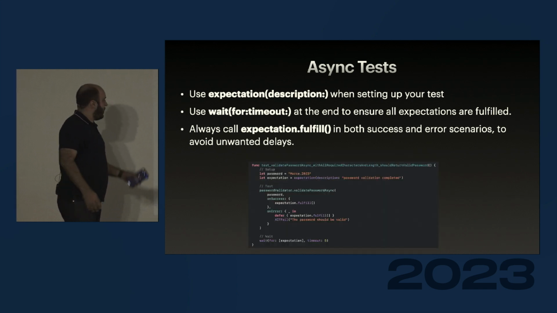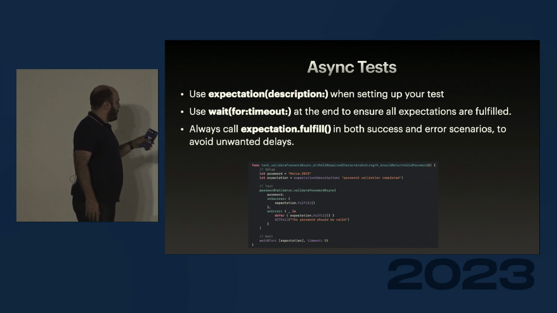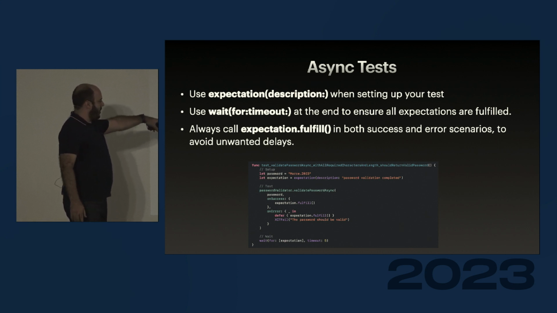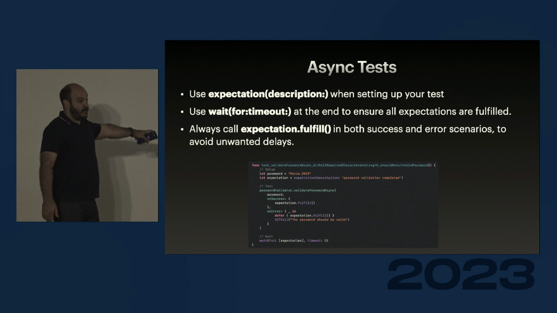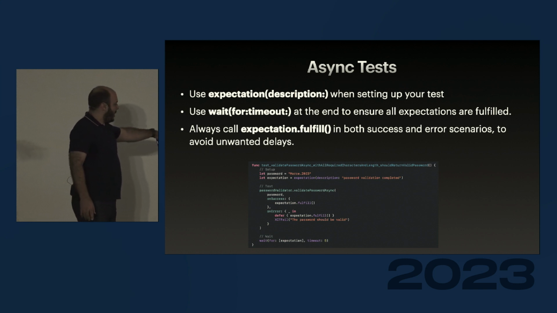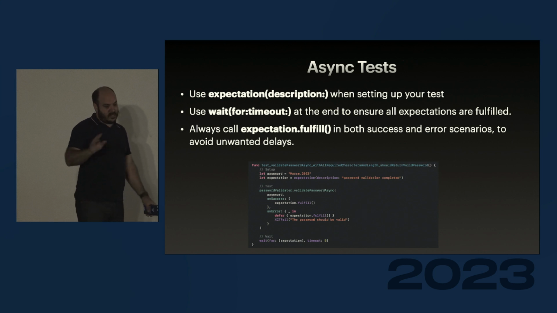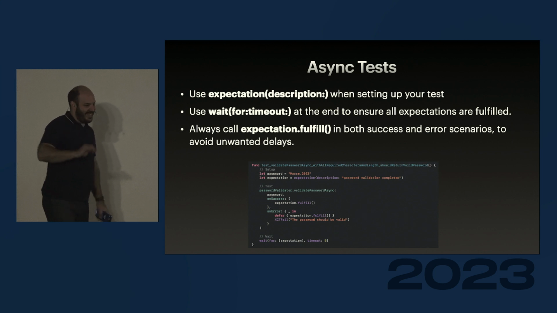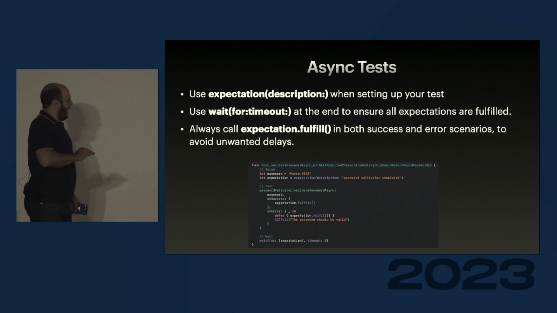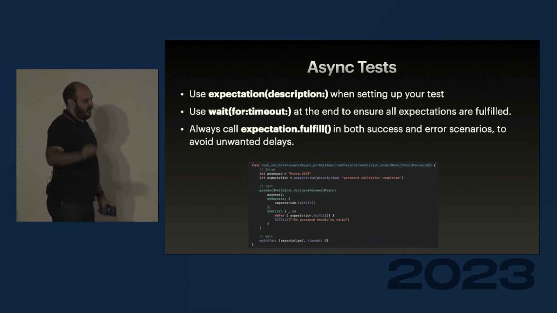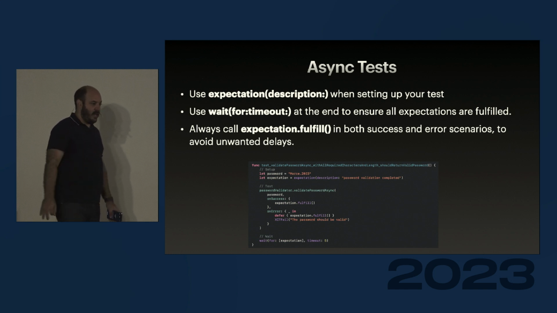Here is an example where you see the failure, and I'm calling the expectation fulfill. If I don't do that, the test case will wait, in this case, for 5 seconds until it stops running. That's a little tip, as I see this mistake a lot. The test is passing okay, that is fast. But as soon as something breaks, this test is really, really slow.